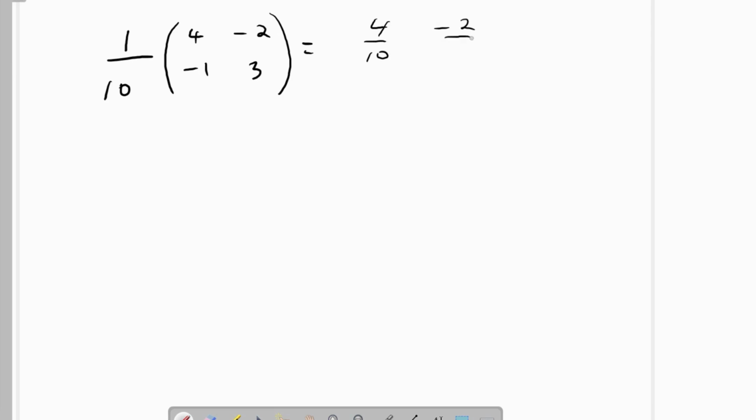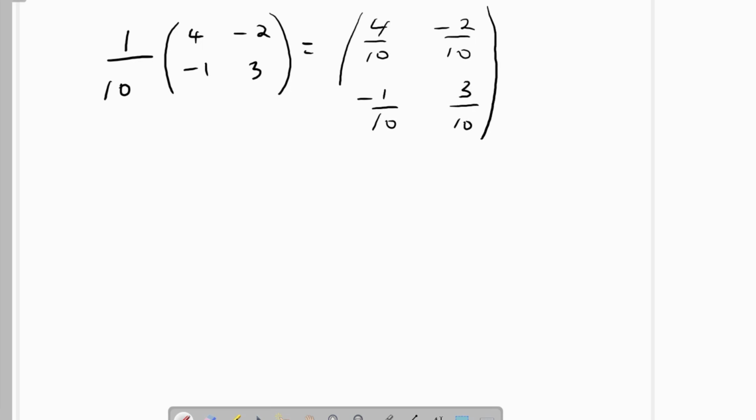So we had 1 over 10 times [4, -2; -1, 3]. If we want to go a bit further, it's 4 over 10, -2 over 10, -1 over 10, and 3 over 10.